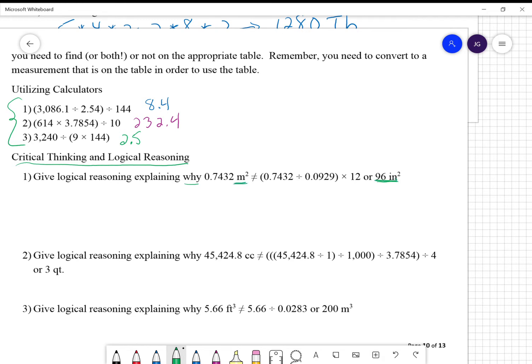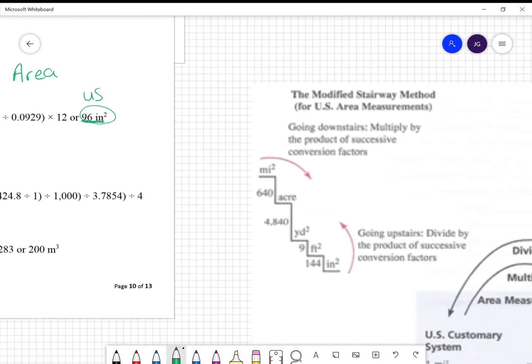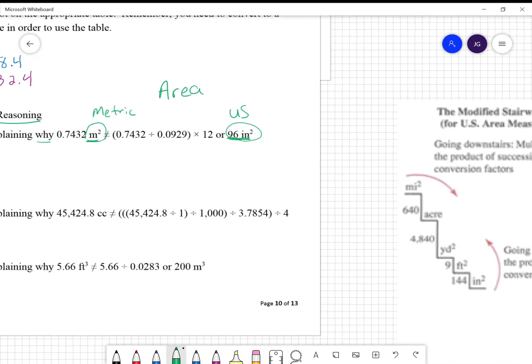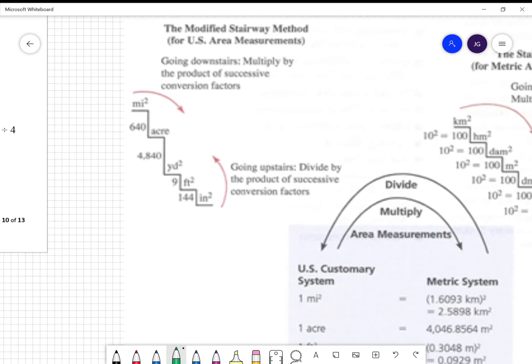So let's look at how we convert square meters to square inches. This is metric, and this is US. So we're going to have to convert between the two, and it's squared, so we're looking at area. So the different tables that you have, we're going to look at the area one. We're going from square meters to square inches.